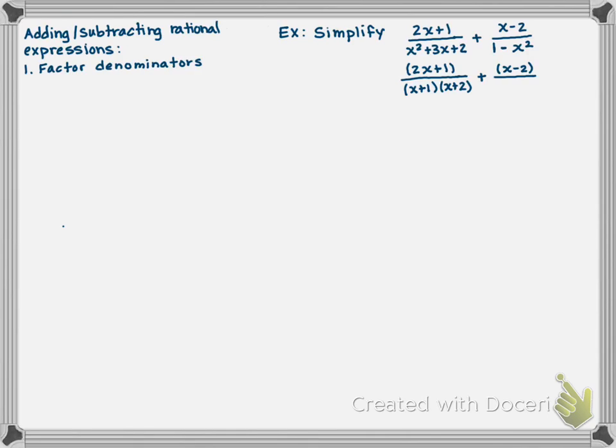And then when we go to factor this 1 minus x squared, remember we want to put it in descending order. Factor out a negative 1 to get a positive first term. And then that factors as x plus 1 times x minus 1. So we have negative 1 times x plus 1 times x minus 1.